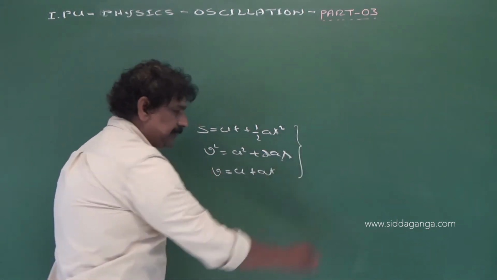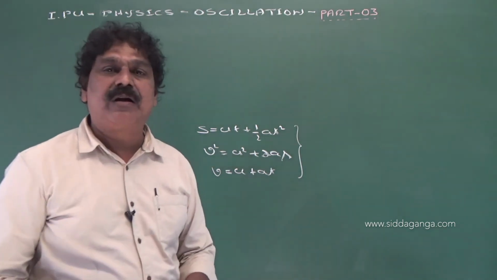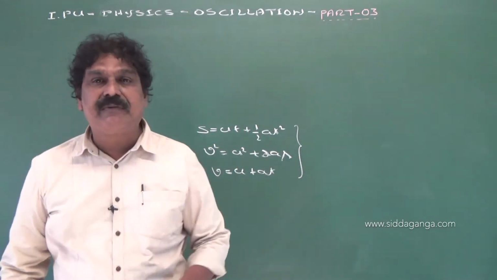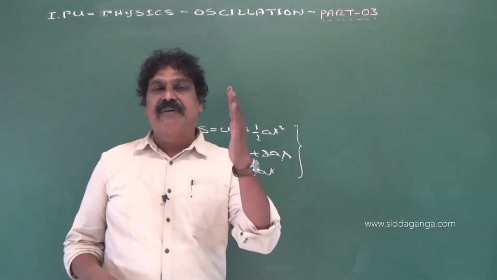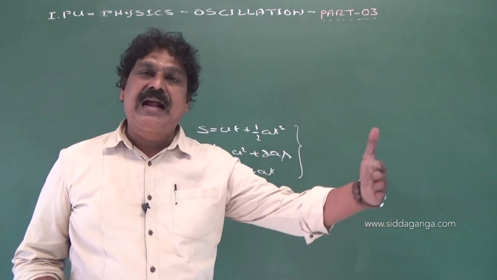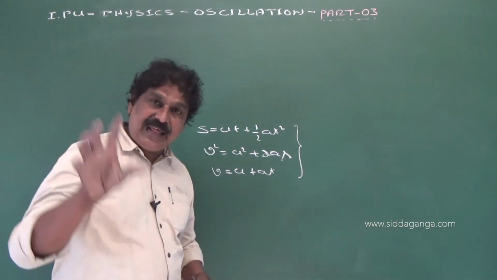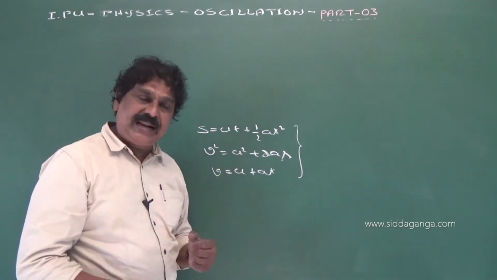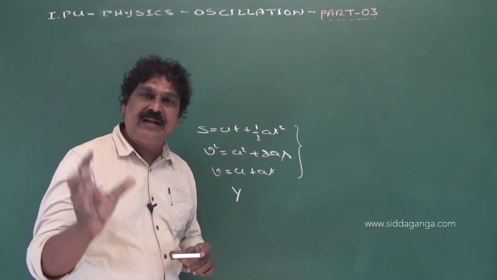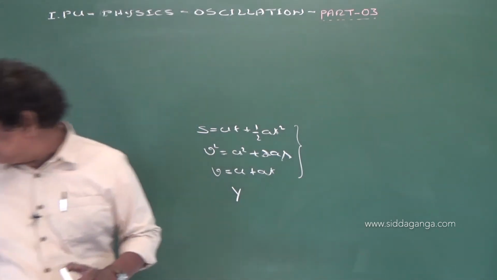These are the three basic equations of linear motion, called equations of motion. Using them, by knowing initial velocity and acceleration, we can find final velocity and displacement at any instant of time. Is that clear? In a similar way, we need to obtain an expression for displacement at any instant of time.